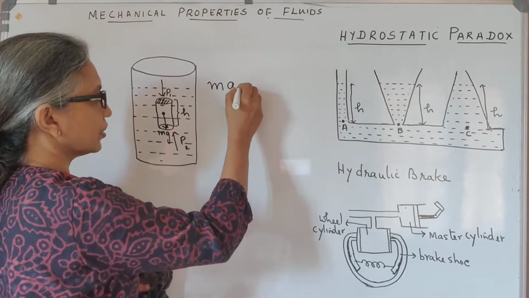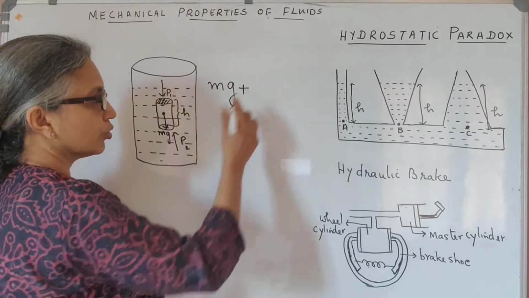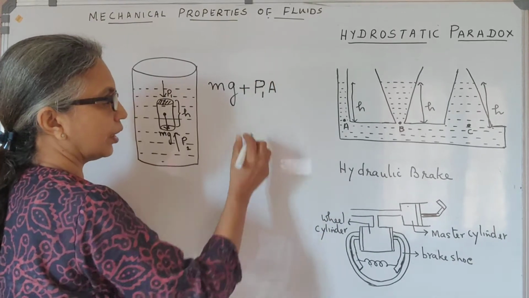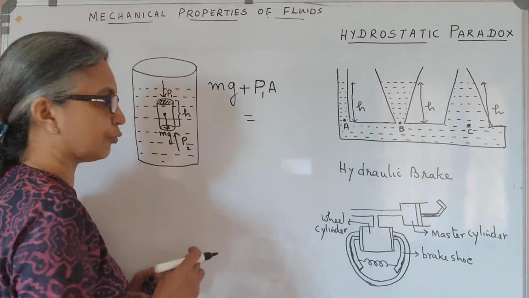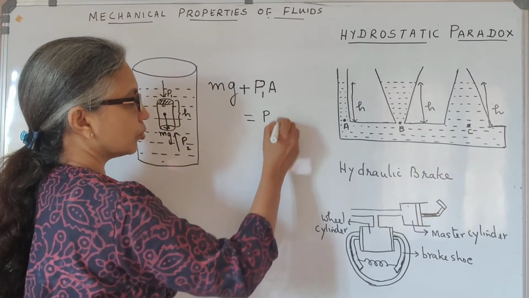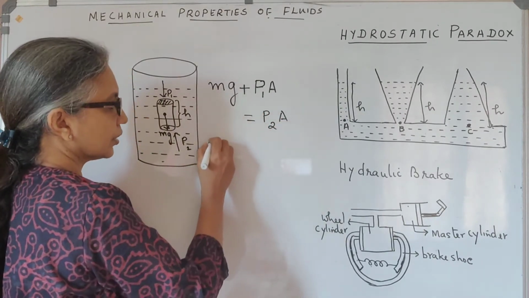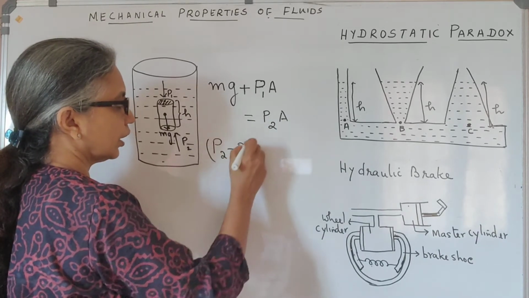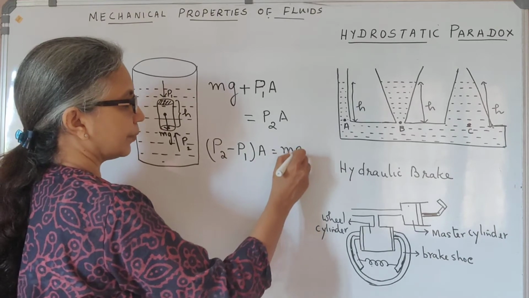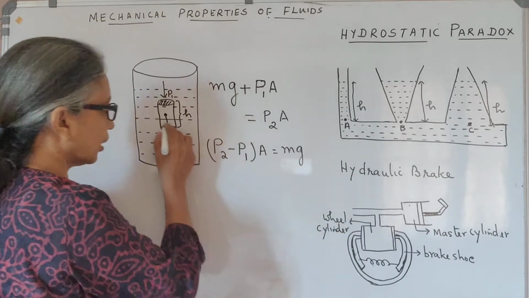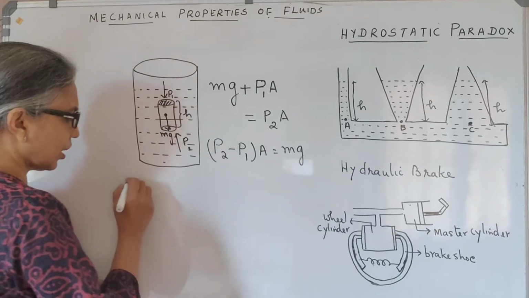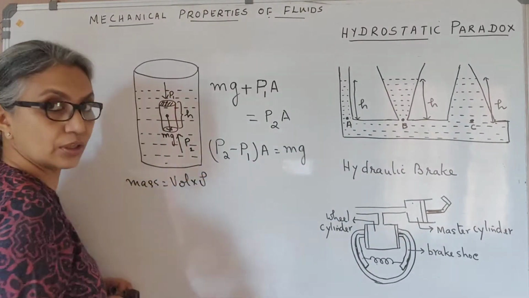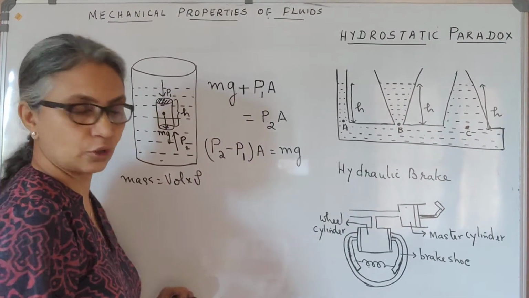So the downward force is P1 into A, which must be equal to the upward force, that is P2 into A. Bringing this to the right hand side, (P2 minus P1) into A is equal to m into g.